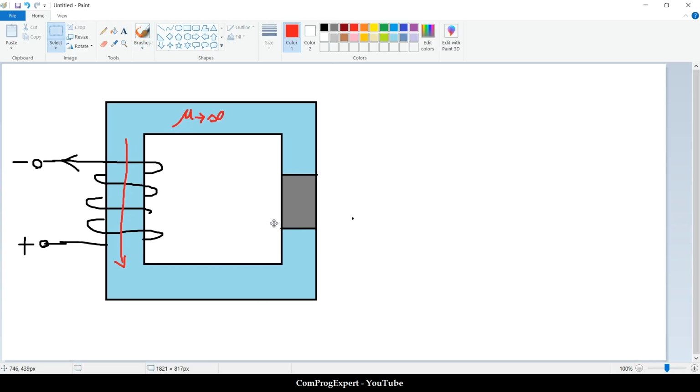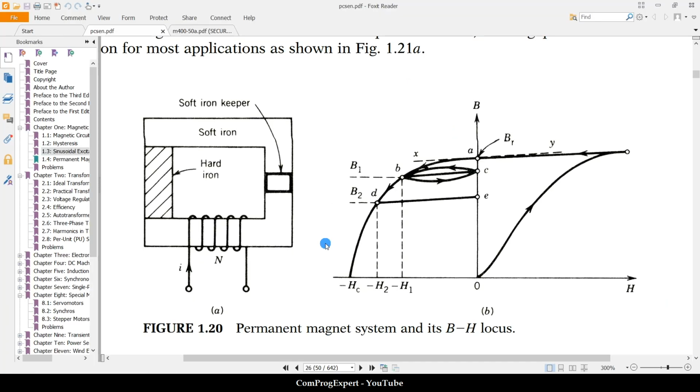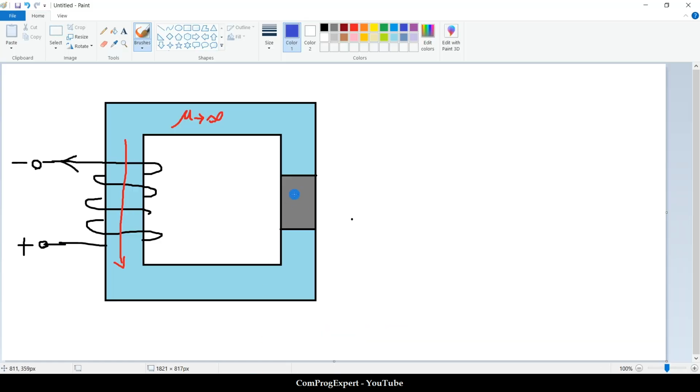So, for a soft iron material, you check the HB curve. If this is a soft material, if we consider this material instead of a magnet, a soft material, so this will be the hysteresis loop, HB.